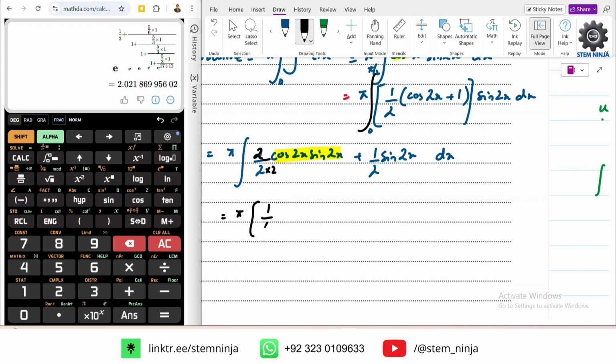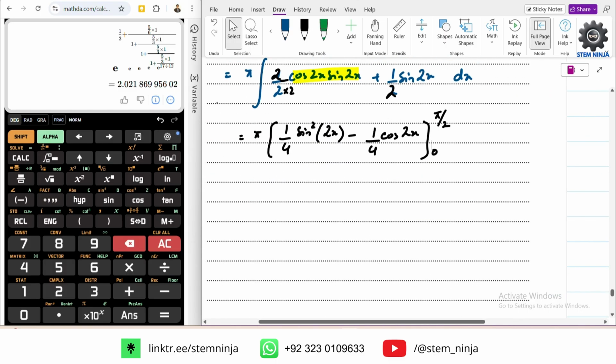So 1 over 4 sine squared 2x plus, now 1 over 2 is already multiplied, but the integral of sine 2x is minus cos 2x over 2. So minus 1 over 4 cos of 2x, and we need it from 0 to pi by 2. Okay, now let's do that.